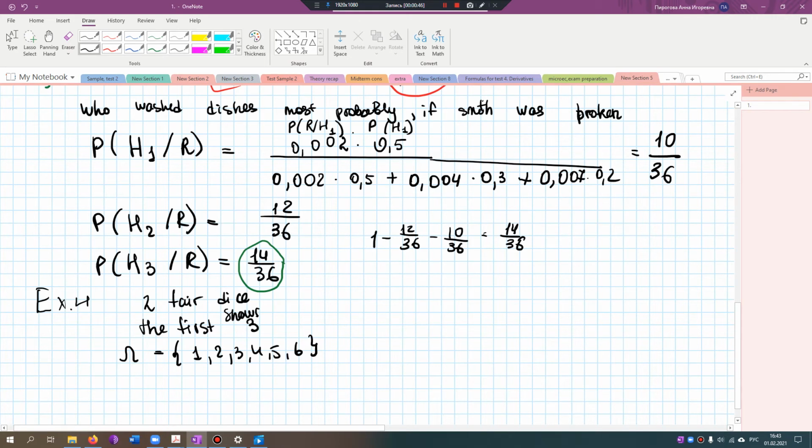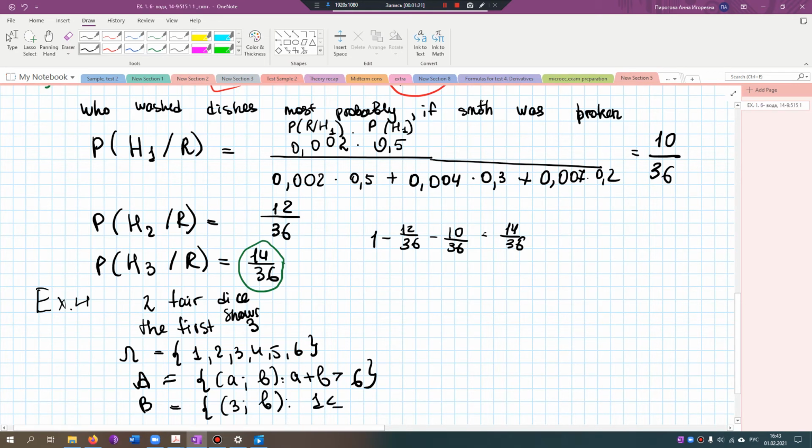Let's name the event A such that the sum of numbers on the dice will be bigger than 6, and the event B will be that the first die shows 3, and again we have some conditions, that the number of points shown on the second die will be between 1 and 6.